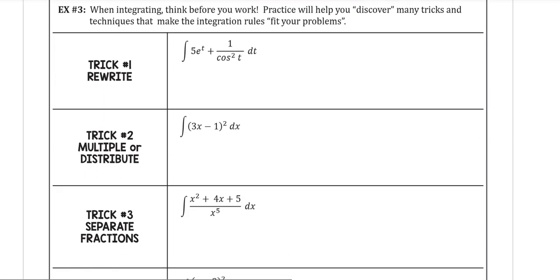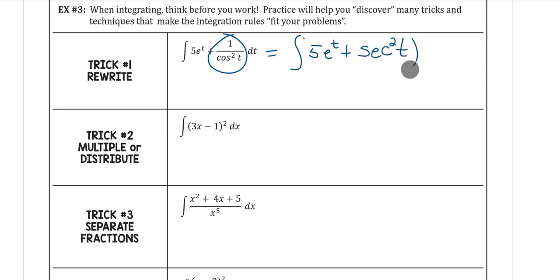Now we're going to discover some tricks to help us integrate easily. The first one is to rewrite it. This looks hard because we have a cosine in the denominator, but if we rewrite this, it becomes 5e to the t plus the reciprocal of cosine, which is secant squared t, and this is all dt, our variable of integration.